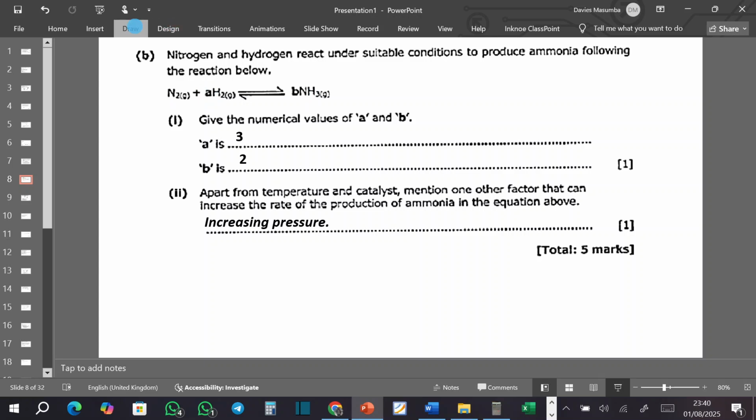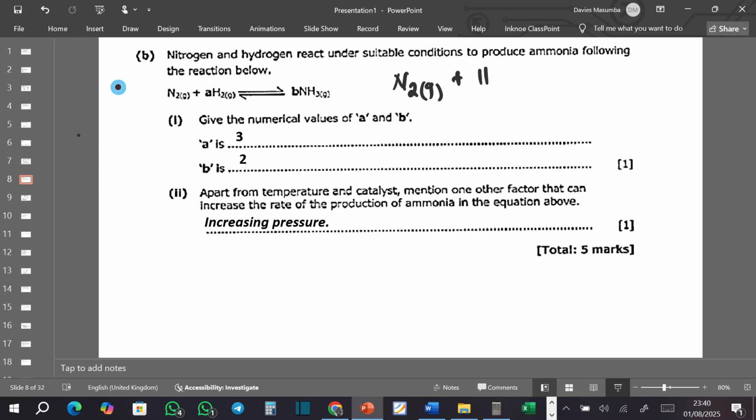If you rewrite this, nitrogen as a gas is reacting with hydrogen as a gas to produce what? Ammonia as a gas. Balancing the equation, you start with nitrogen: 2 nitrogen, 1 nitrogen, so you put 2 there.